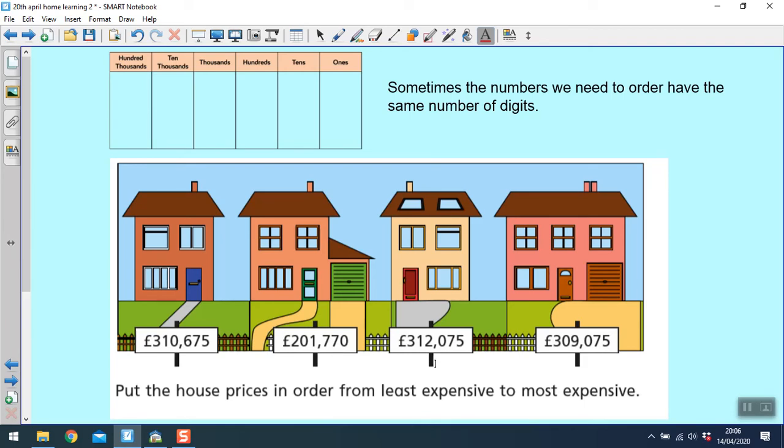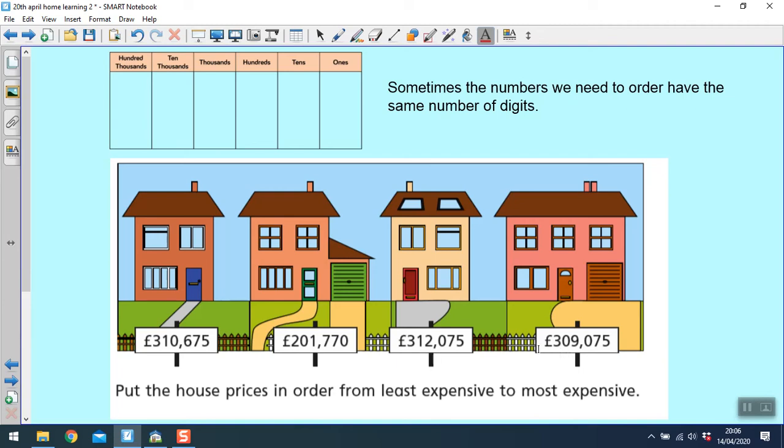This house costs £312,075, and this house costs £309,075. You've got to put them in order from the least expensive, so the cheapest, to the most expensive, so the dearest. The smallest amount first.